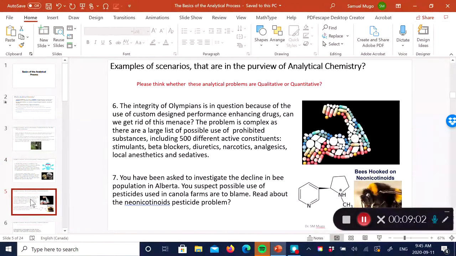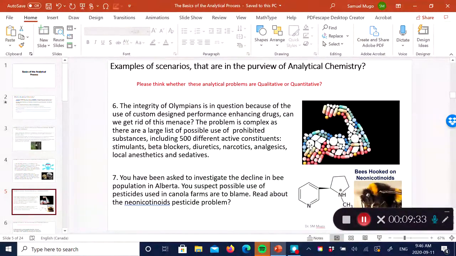So another scenario, the integrity of Olympians is in question because of the somewhat prevalent use of custom designer performance enhancing drugs. And there's so many in the markets that make it very difficult to clarify and to identify which potential drug a suspect Olympian may have used.